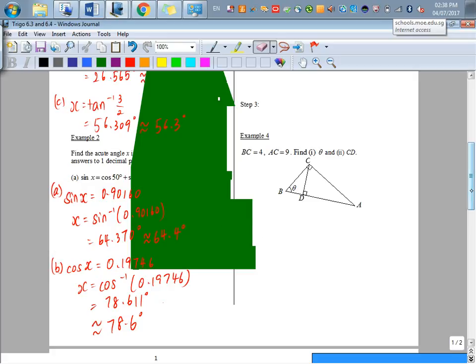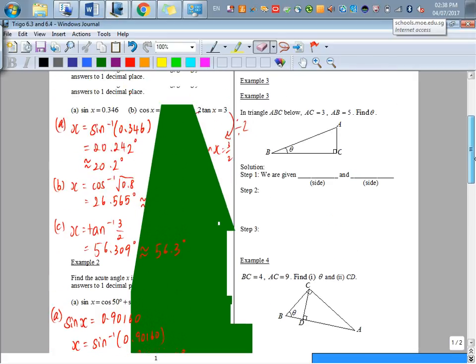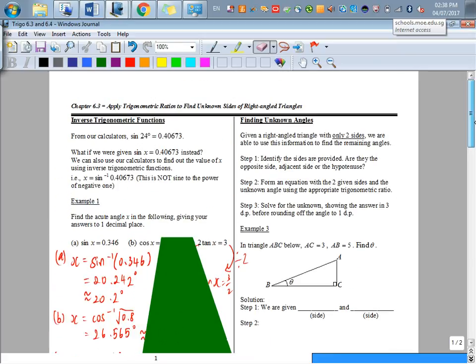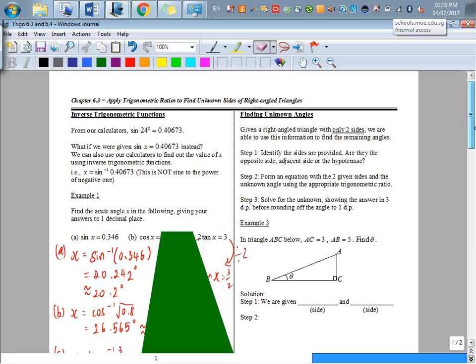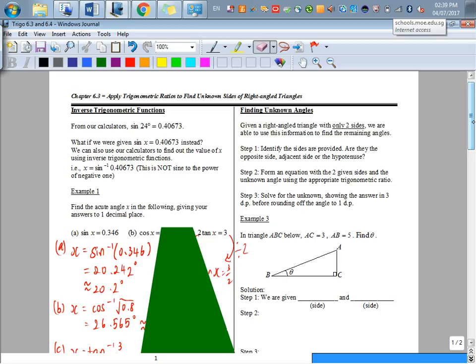Okay, moving on to example number 3. Okay, before that, finding the unknown angles. So far we have introduced you to the inverse trigo function. Now what can we do with that? We can use this to find the unknown angles.